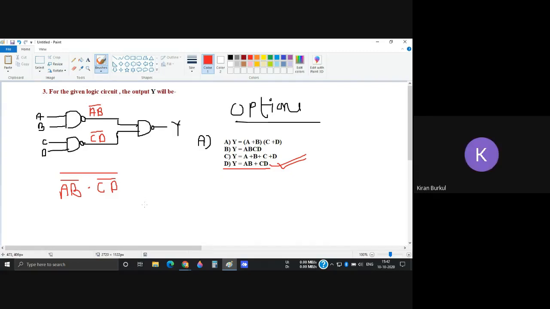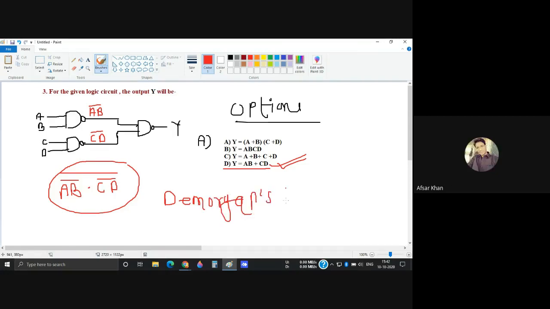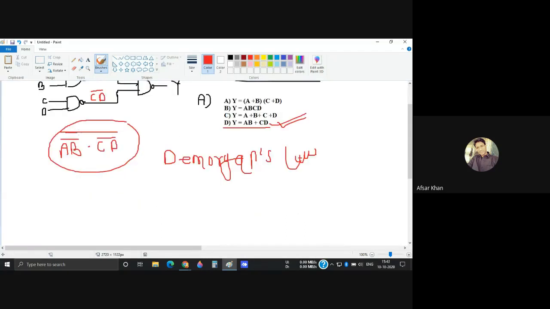Now we simply use De Morgan's law. By De Morgan's law, if we break this bar, we get (AB) bar bar plus (CD) bar bar.